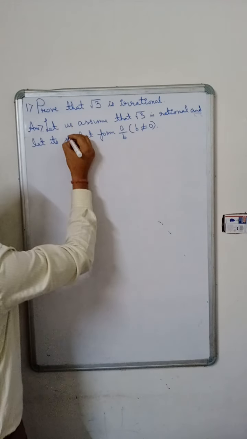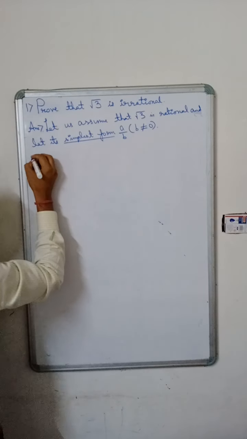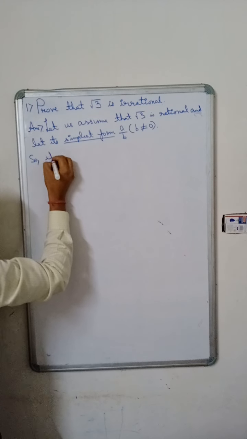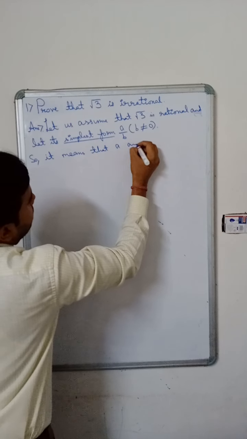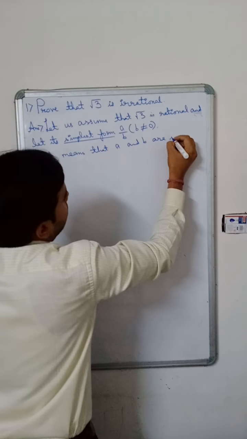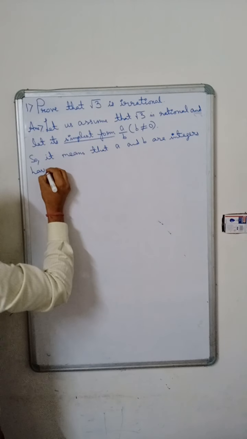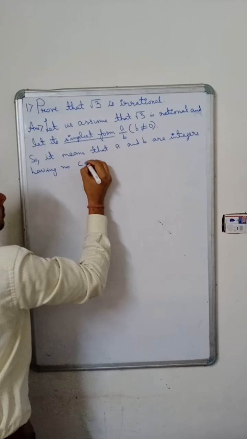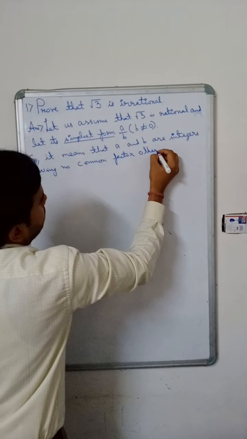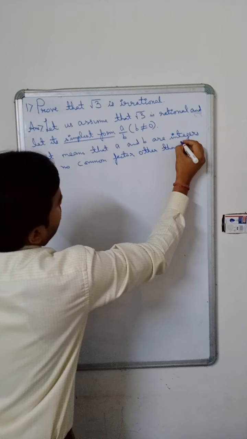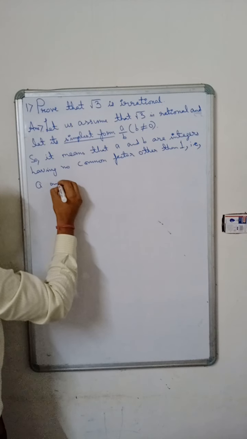The simplest form means of the form a by b for b not equal to 0, so it means that a and b are integers having no common factor other than 1. That is, we can say that a and b are co-prime.